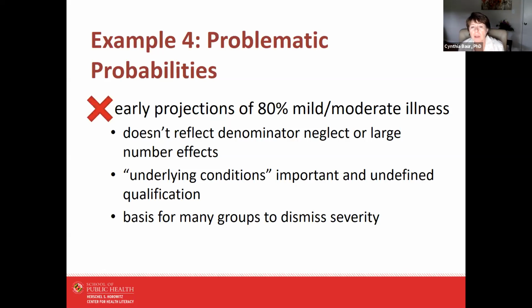So again, probabilities should be offering people concrete, factual information to help them make informed decisions about the nature of the risk. And what we've seen is that when we've used numbers so far in the COVID response, they've ended up being more confusing than helpful.